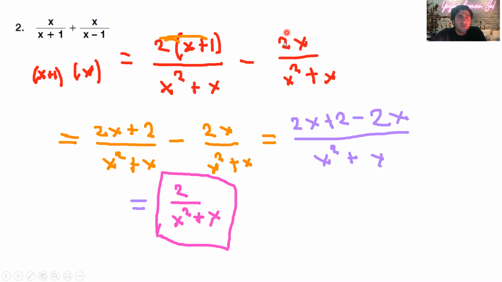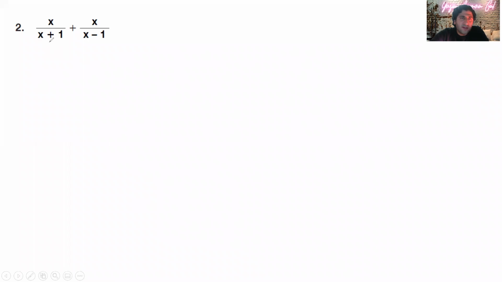All right, question 2, I have x plus 1, you have x minus 1, guys. Before I start with this, we just need to remember that x plus 1 times x minus 1 is the difference of two squares. So it's x squared minus 1 squared.